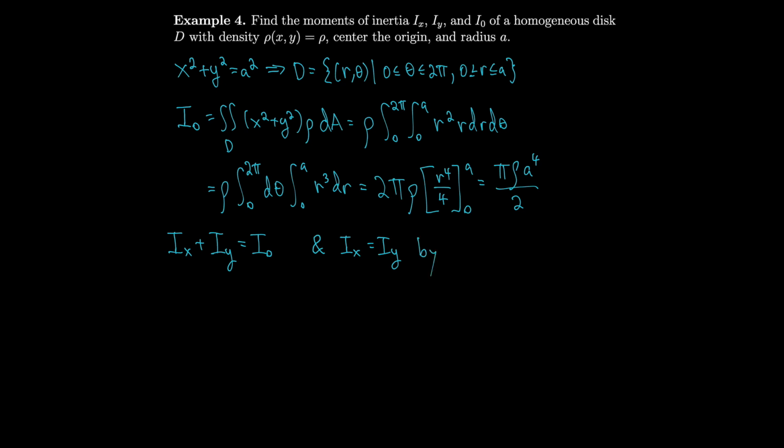So Ix equals Iy by symmetry, and that means that Ix equals Iy, so that's just going to be I0 divided by 2. We just replace one of these with the other one. So I just have to take pi rho a to the 4th, and then instead of over 2, it's over 4 because I just divided by another 2.